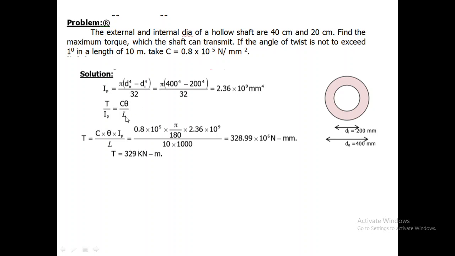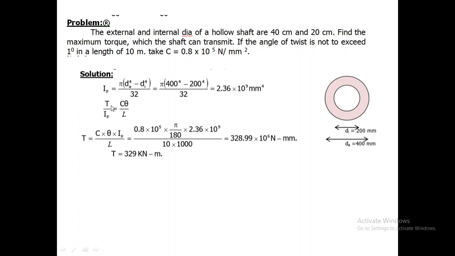We are not taking T by J is equal to tau by R, because the shear stress tau is not given. So we neglect that second part and take the first part.